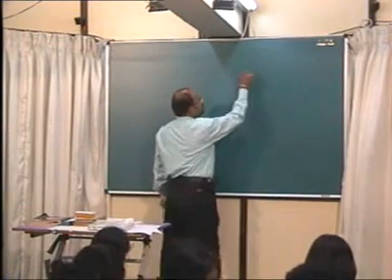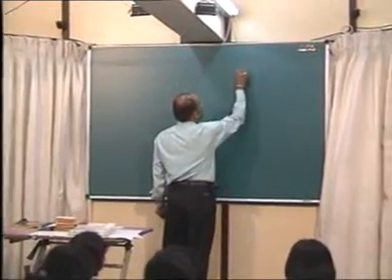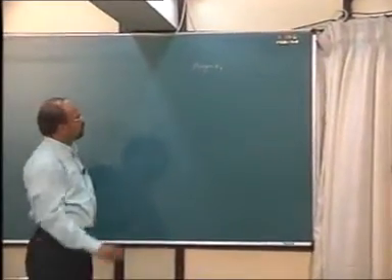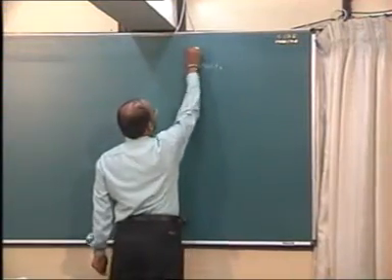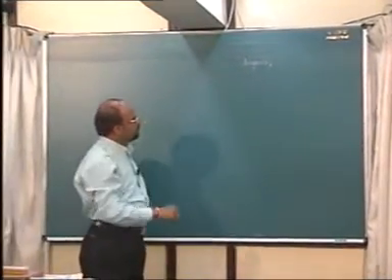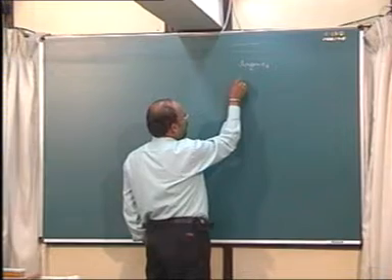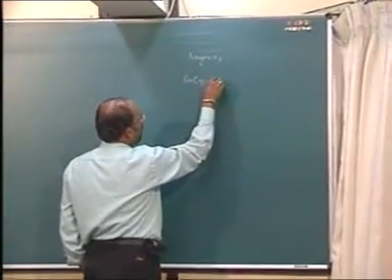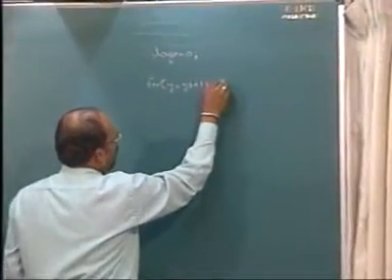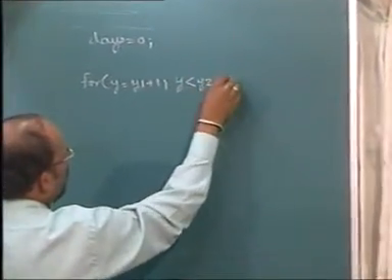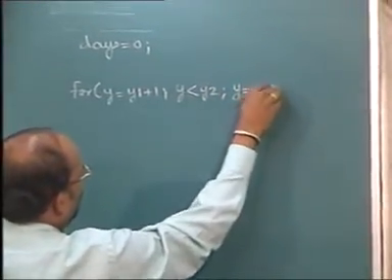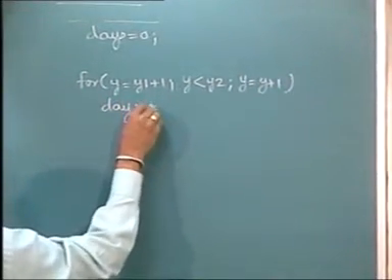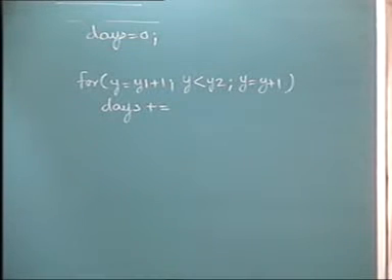So I start with the code saying that days is equal to 0. All the previous things are already there. For y equal to y1 plus 1, y less than y2, y equal to y plus 1, days plus equal to, I am introducing a new operator here.